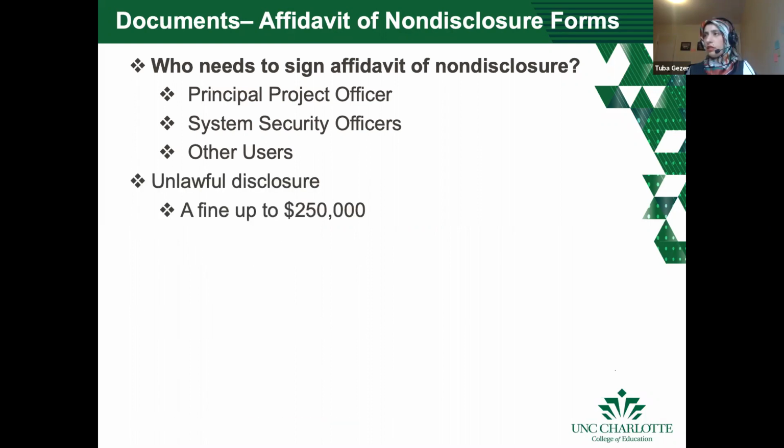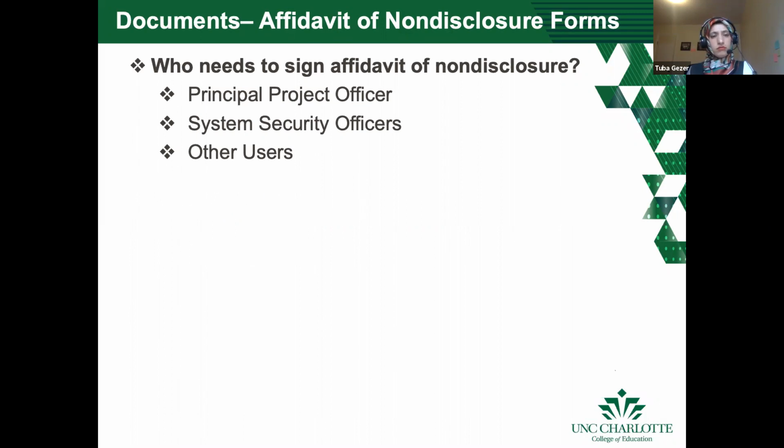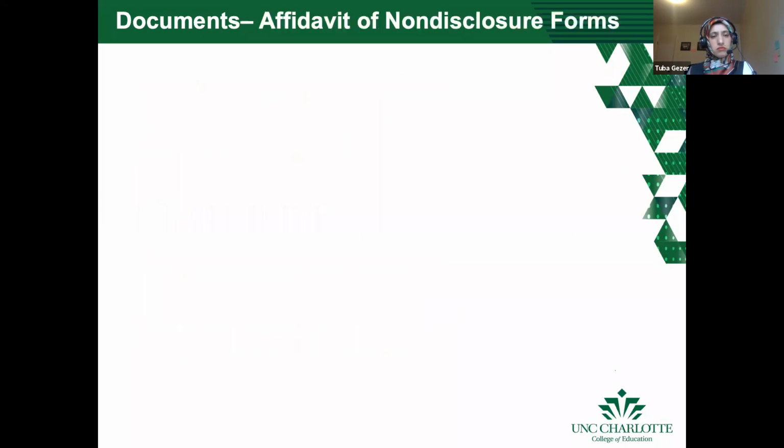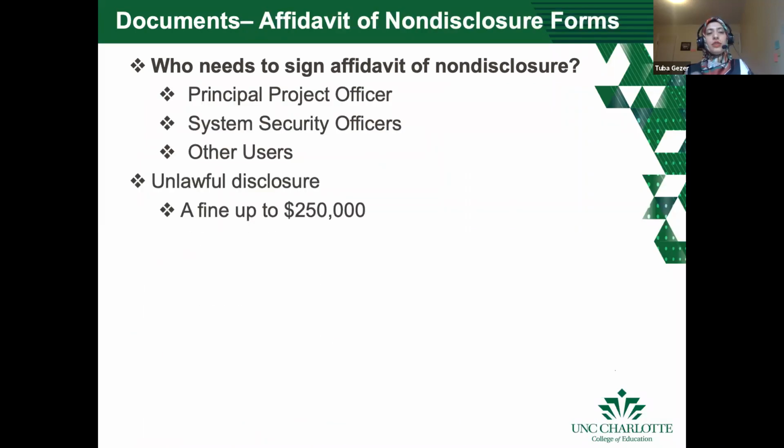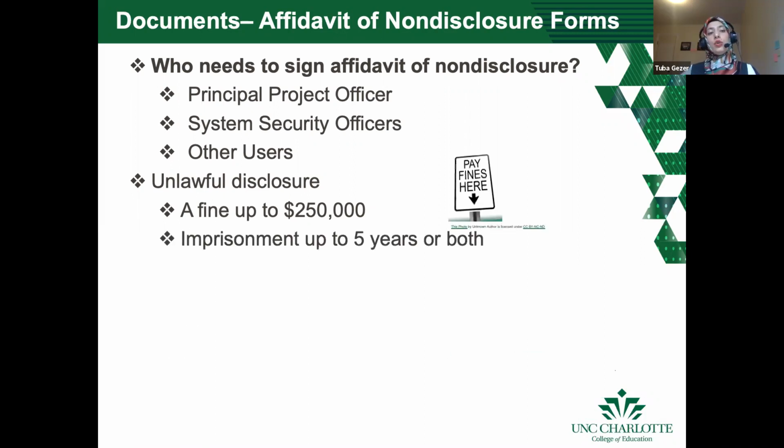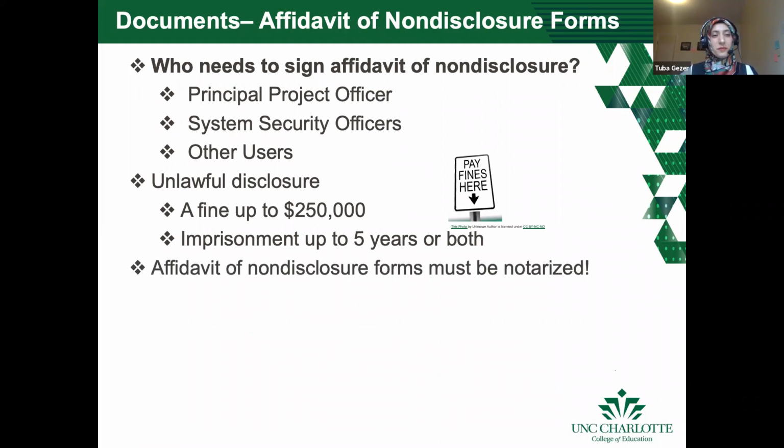If an unlawful disclosure happens, then you may need to pay a fine up to $250,000 US, or imprisonment up to 5 years, or both. So you want to be really careful about their requirements, because you don't want to pay that money, obviously.